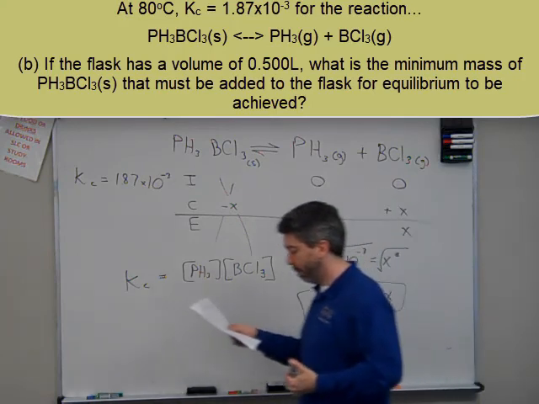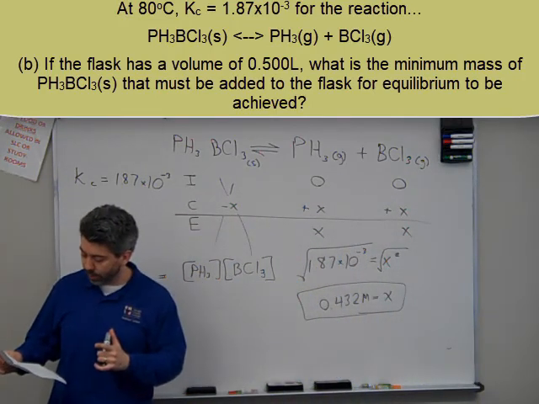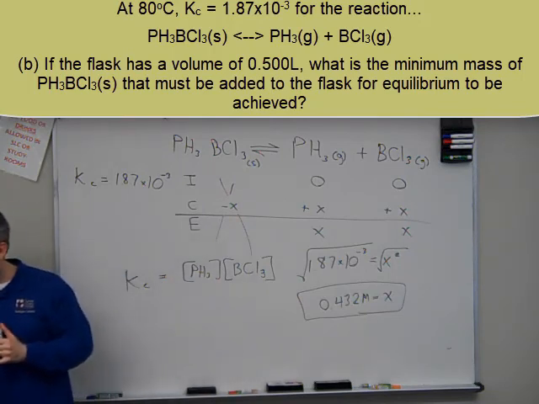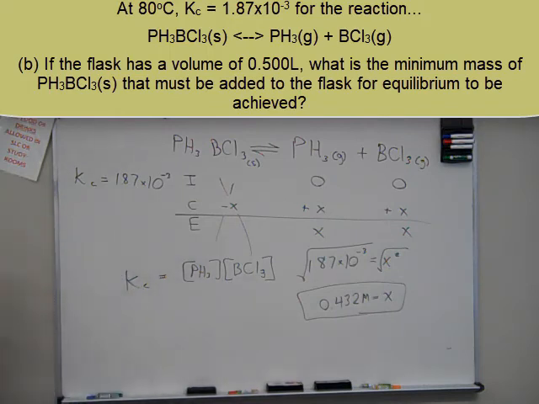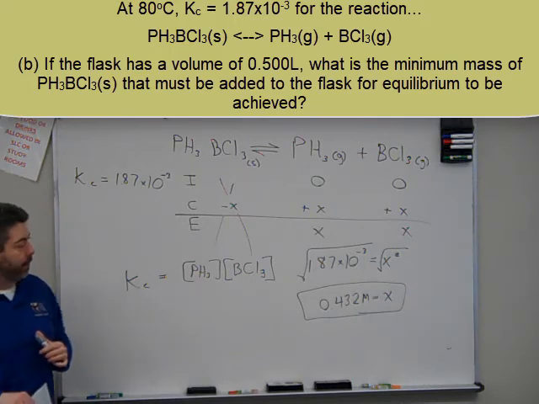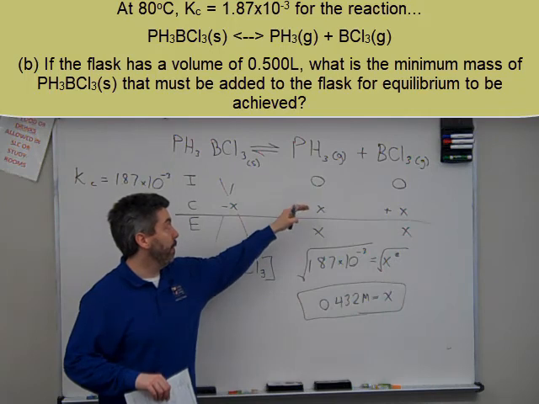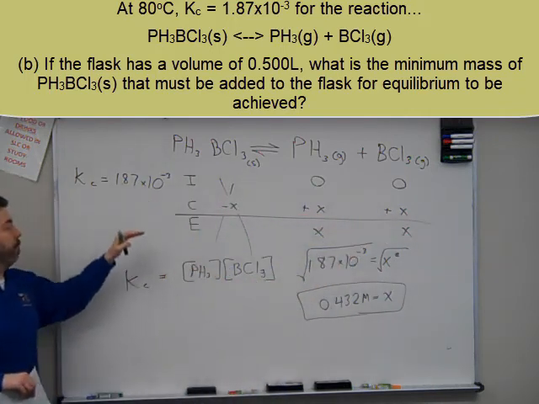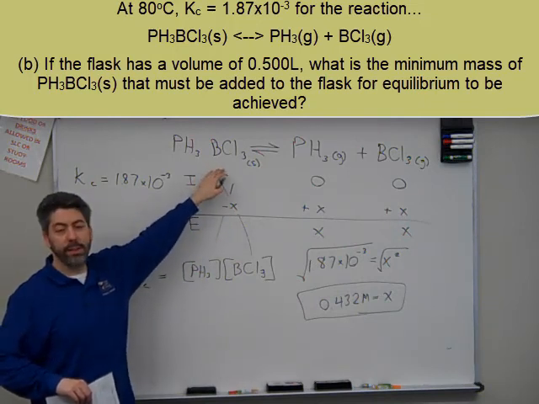The second part of the problem, D, says if the flask has a volume of 0.500 liters, what is the minimum mass of PH3BCl3 that must be added to the flask for equilibrium to be achieved? It's actually a little easier than you might think. Because we know that we need this molarity of PH3 and BCl3, which means that we need 0.0432 moles per liter of this.